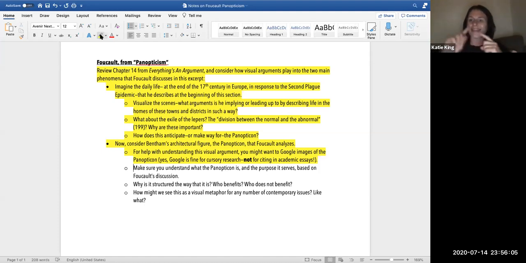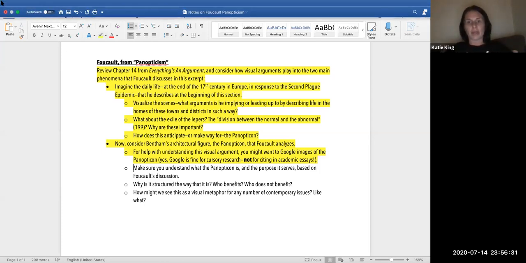And who can't see others? And why might that be important when we're talking about the separation between the normal and the abnormal, when we're talking about disciplining and punishing certain sectors of our population? When we're talking about living in quarantine, right? All of these sorts of things.